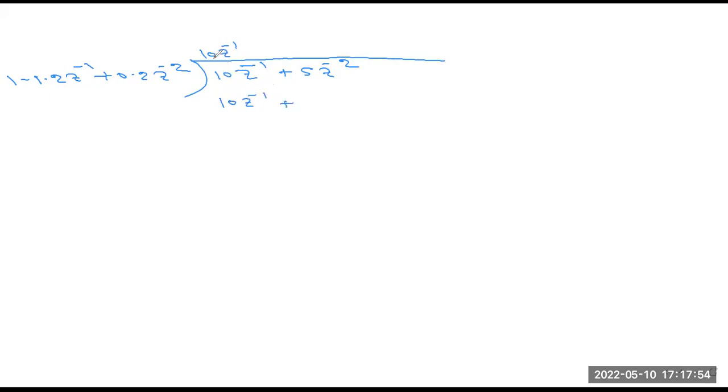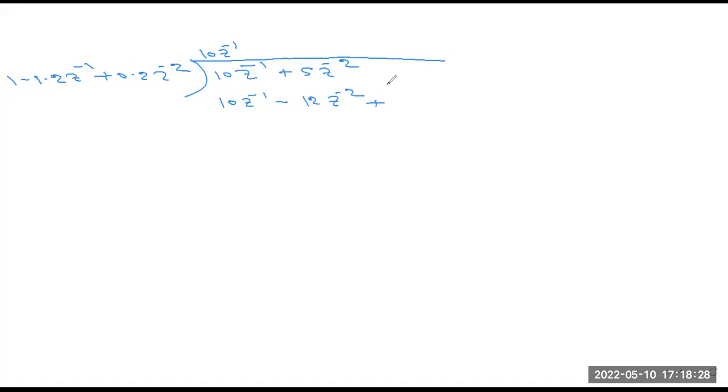Next, 10 z inverse into minus 1.2 z inverse, minus into plus, is also minus, and the value is 12 z inverse 2. Then plus 0.2 z inverse 2 into 10 z inverse. Okay.